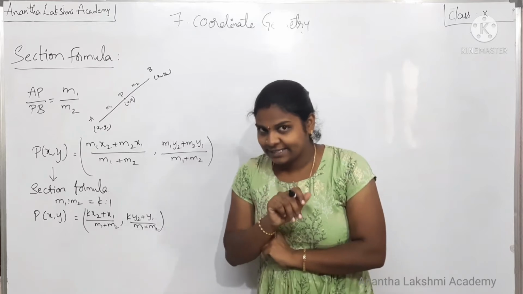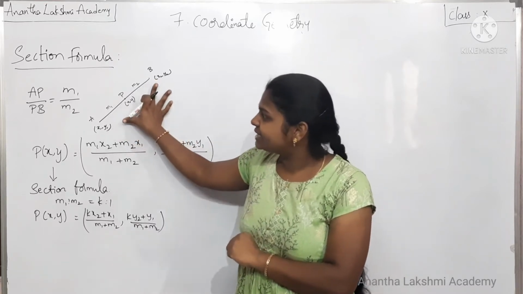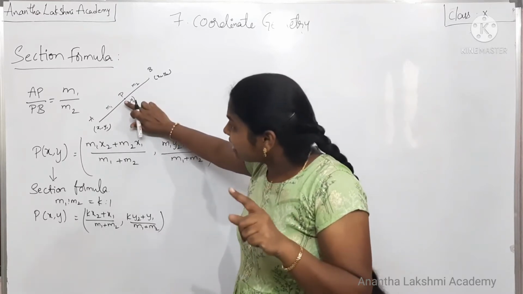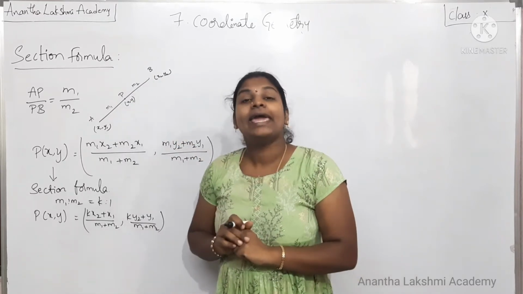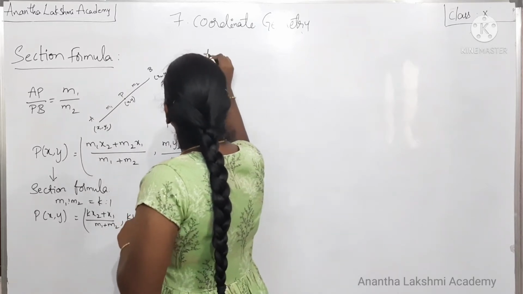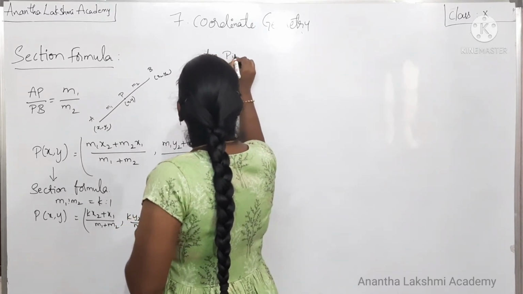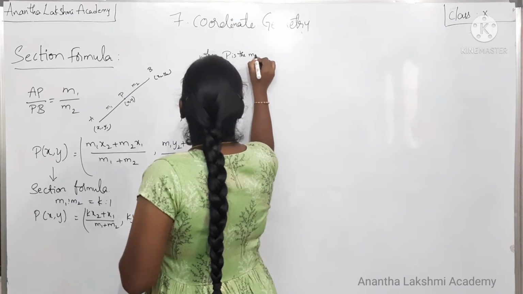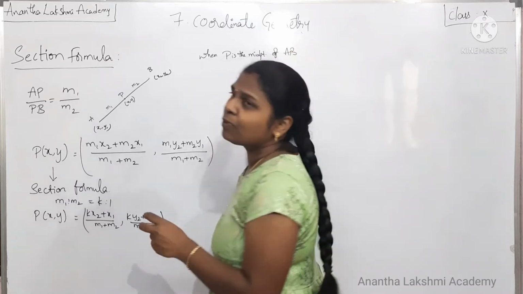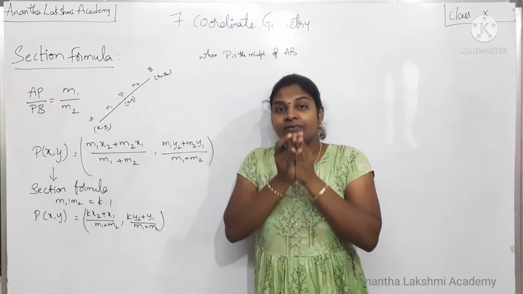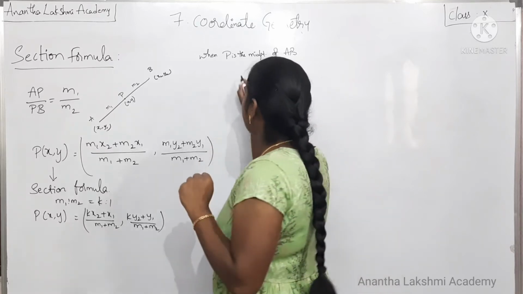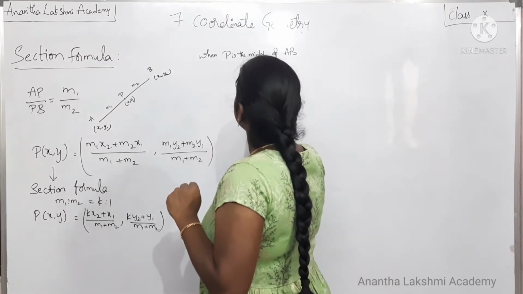Now, what if I say this point divides the line into two equal halves, meaning P is the midpoint of AB? What is the meaning of midpoint? Midpoint is nothing but the point which divides the line segment into two equal halves, meaning m1 is to m2 becomes what?